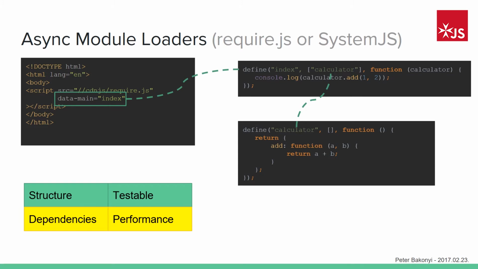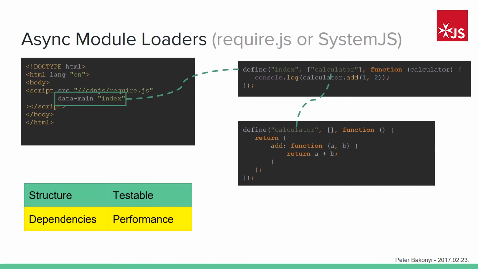And regarding performance, it's slightly better than the revealing module pattern without server side, because like that the modules are being lazy loaded. So only those modules will be downloaded that are actually being used, not all of them. But still, every module is an HTTP request.